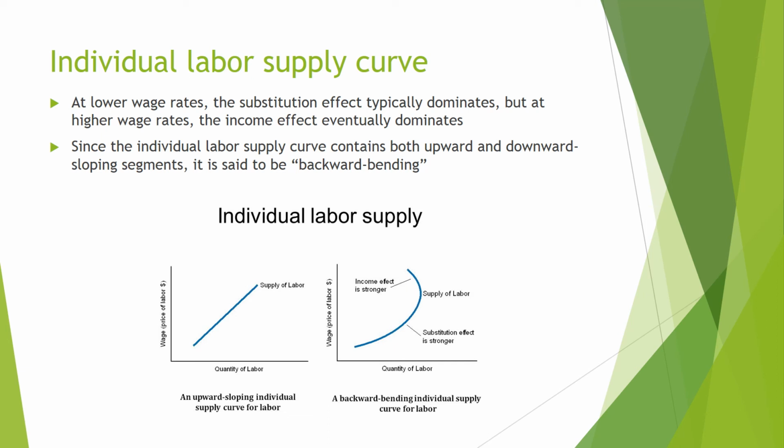Since the individual labor supply curve contains both upward and downward sloping segments, it is said to be backward bending. The right side is probably your best representation of an individual supply curve, but expect questions that deal with it being different depending on whether you're at a low or a high wage rate.